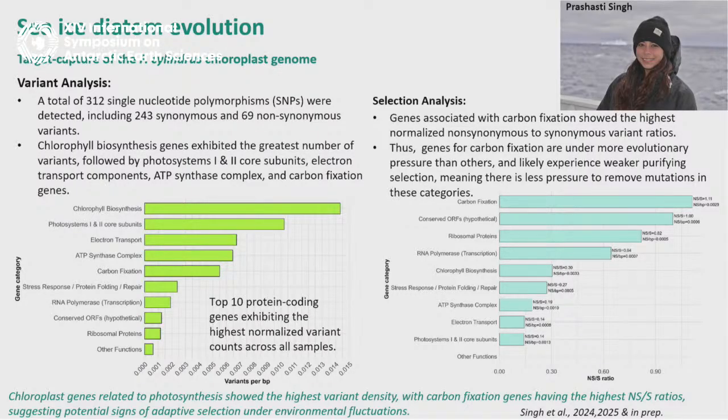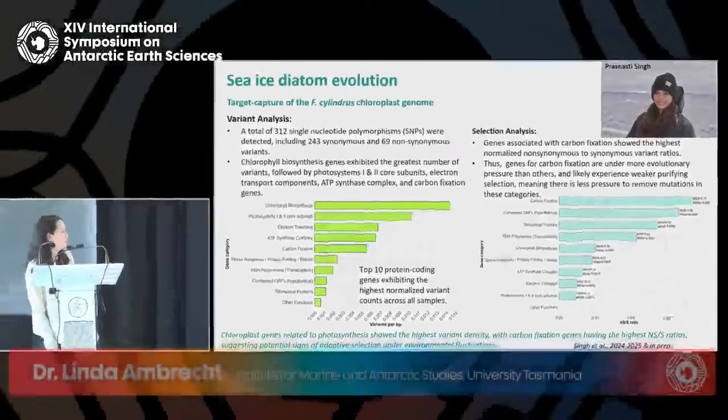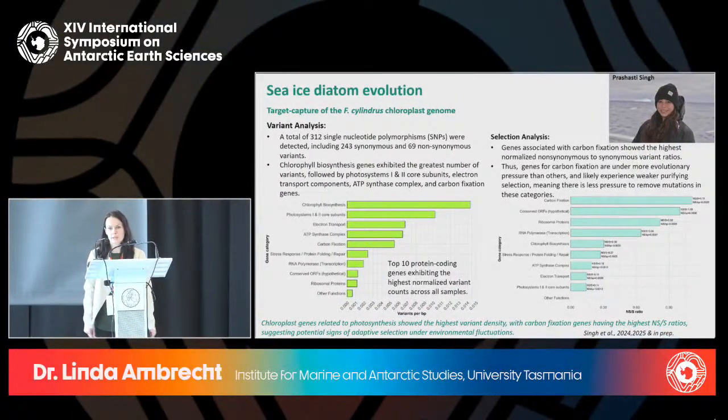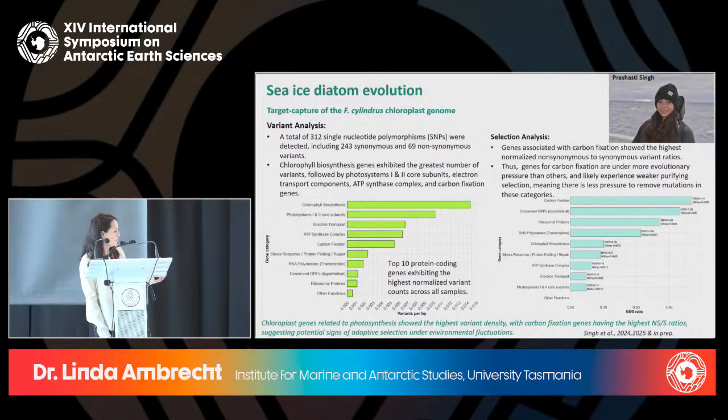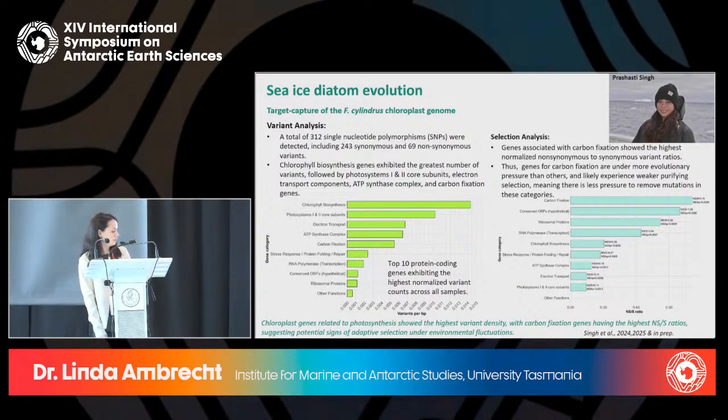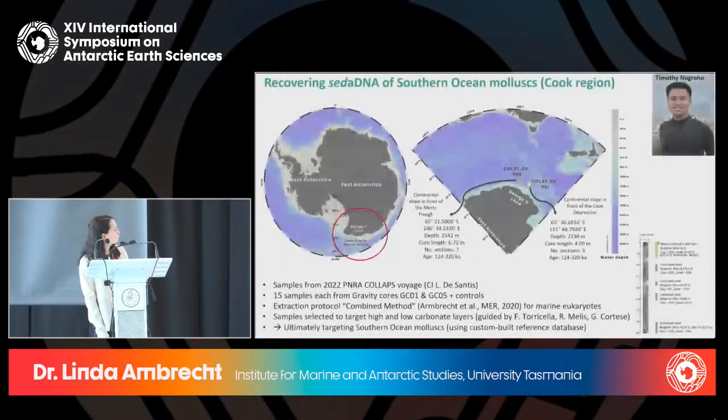What you can see here is that she found some of those mutations. They're mostly found in the chlorophyll biosynthesis machinery and genes. And she's started to do some selection analysis also, where she's showing that carbon fixation genes are probably the ones that are under some evolutionary pressures and where there's signs of adaptive selection.